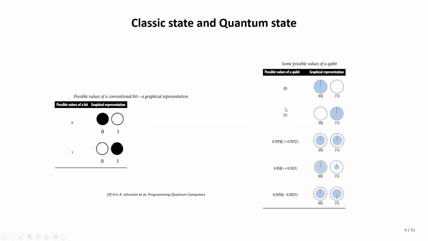Regarding the bracket here, in the mathematics, the labels 0 and 1 are changed to bracket 0 and bracket 1. The reason is that in quantum computing, this bracket notation is usually used.